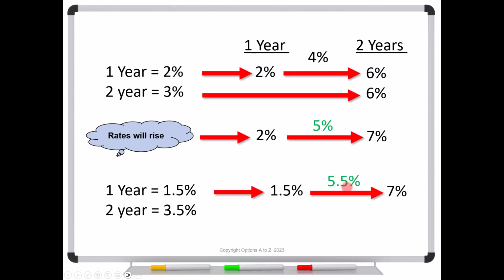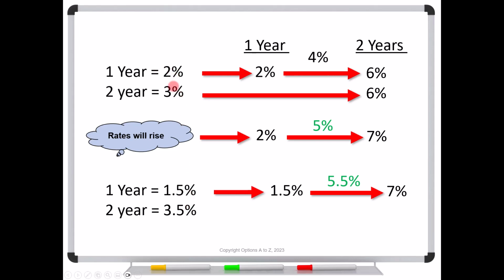But the point is that if investors are correct that this implied rate is going to be larger than 4%, you would see these numbers change. You're not going to see 2% and 3%. This number here, 2%, would get pushed lower, maybe 1.5%. This one would get pushed higher. But that's not what we're seeing.